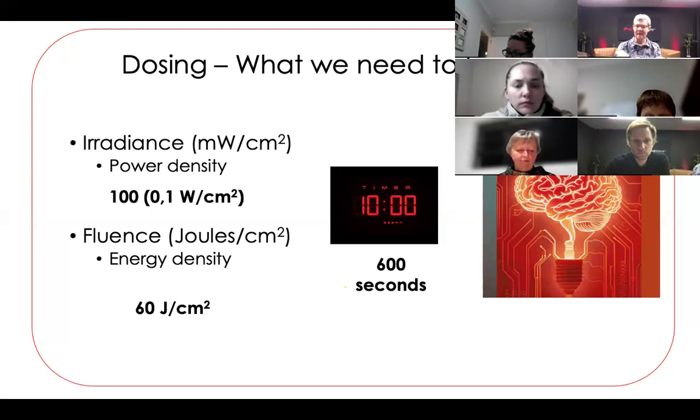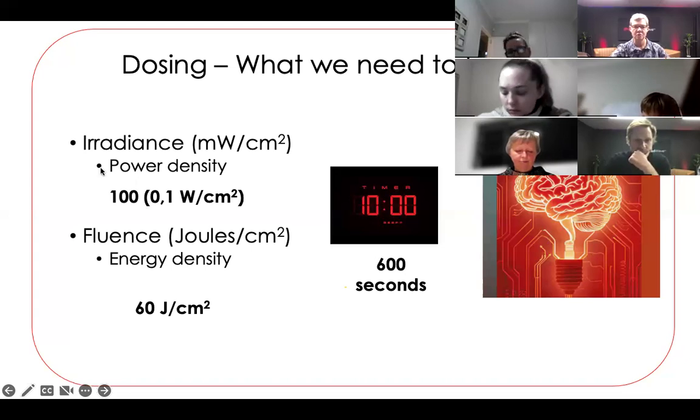So we're balancing things. So my general advice is, when you're using a particular protocol and you want to decrease the actual dose, by lifting your panel higher, you decrease this. Keep the time at 10 minutes or whatever you've been using for your session, mainly because your mitochondria need the time to respond.